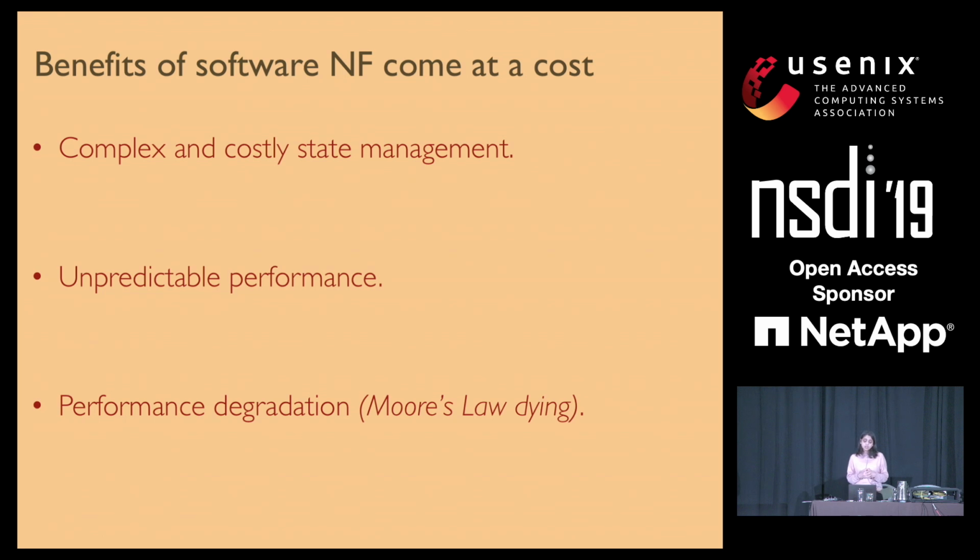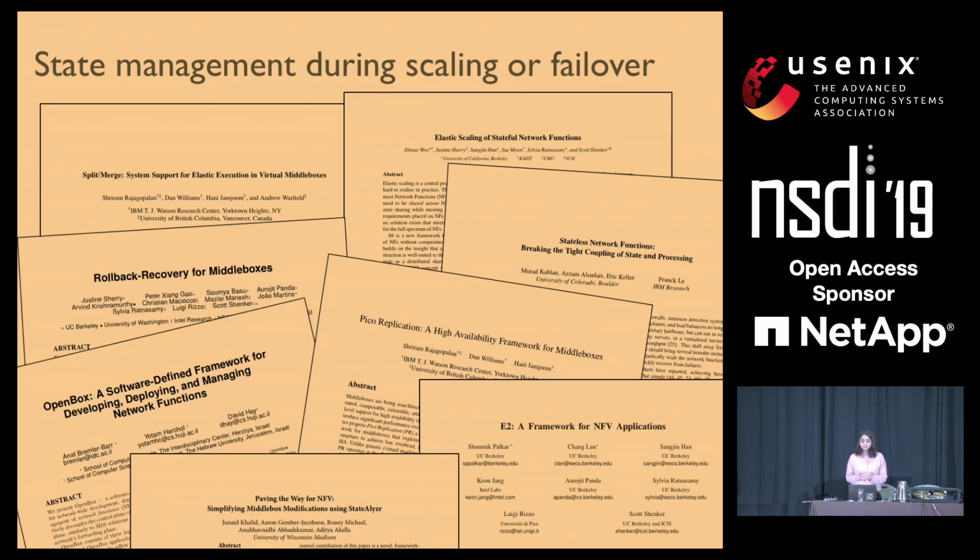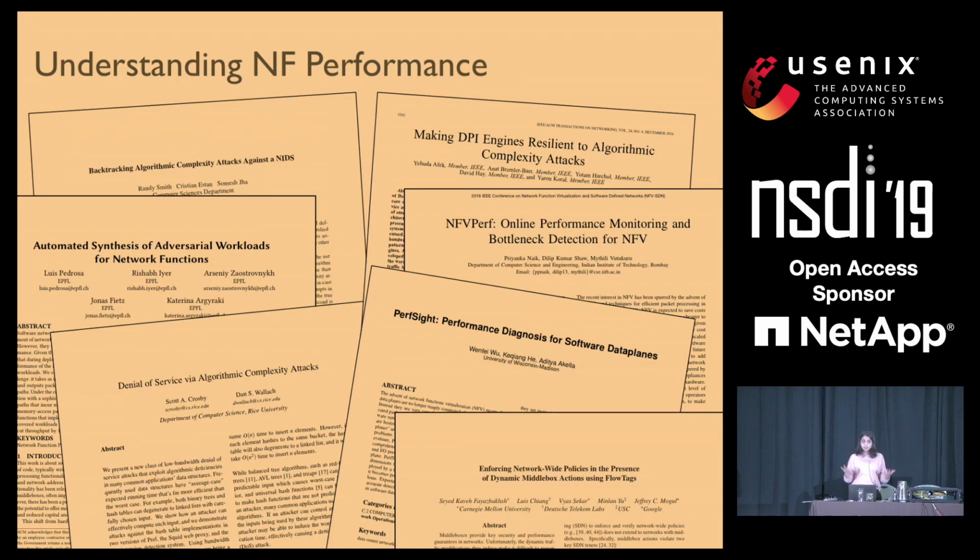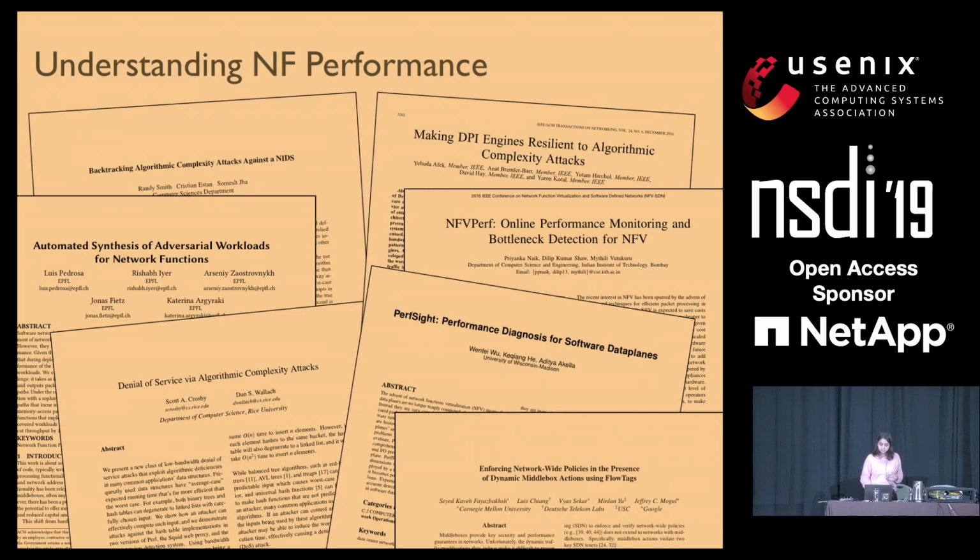Over the last 5 or so years, we have seen multiple papers that have tried to address these challenges in some way or another. For example, we have had papers that build new frameworks to do state management when we are scaling up network functions or doing failure recovery. We have had papers that try to understand NF performance, either by analyzing the worst case algorithmic complexity or by measuring runtime performance.